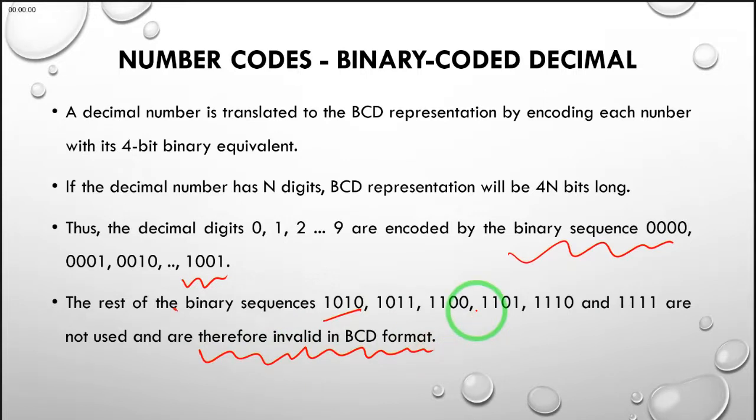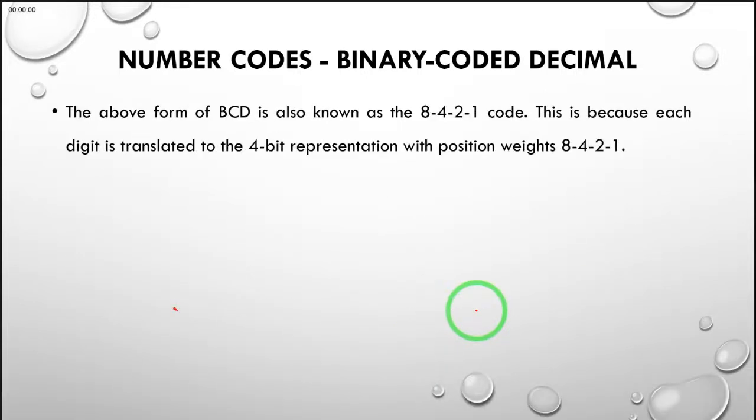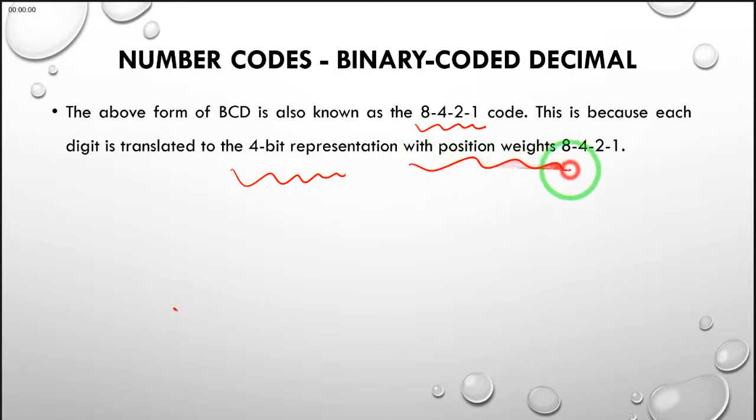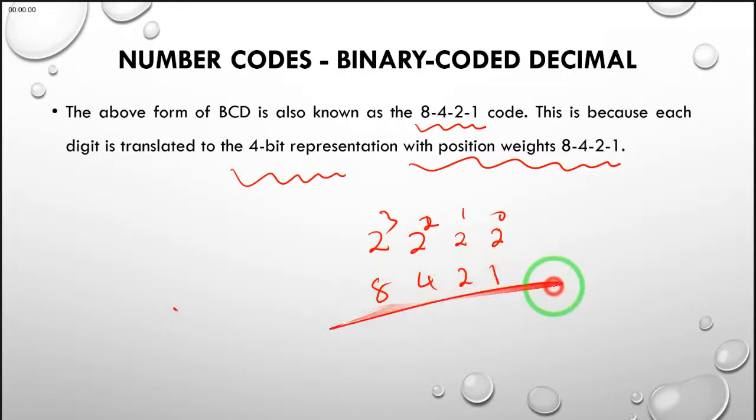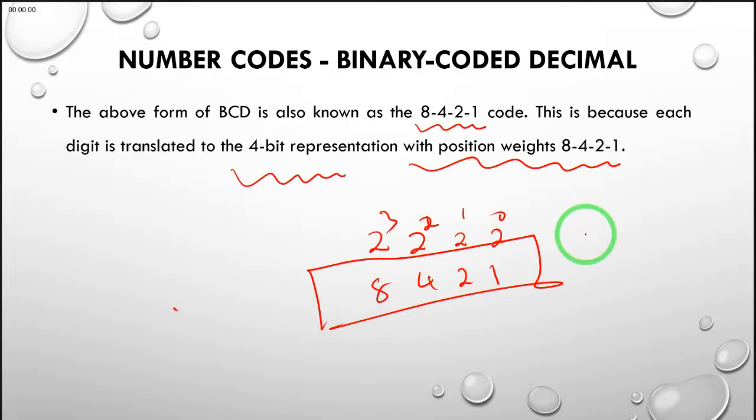This form of BCD is known as 8421 code because each digit is translated by the 4-bit representation with position weights equivalent to 8, 4, 2, 1, that is 2 to the power 3, 2 to the power 2, 2 to the power 1, 2 to the power 0. So this number system is called 8421 code.